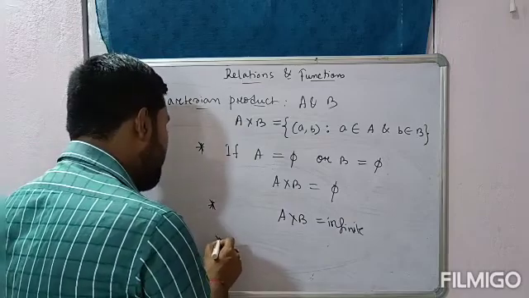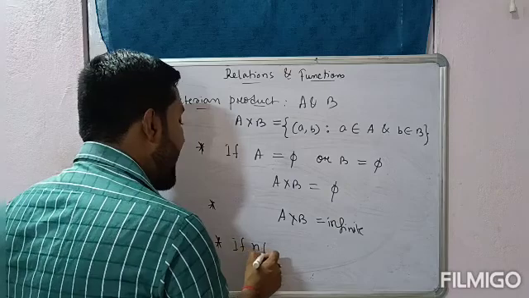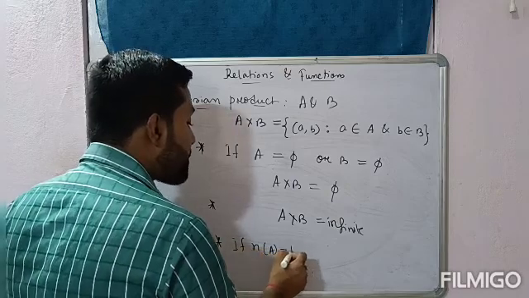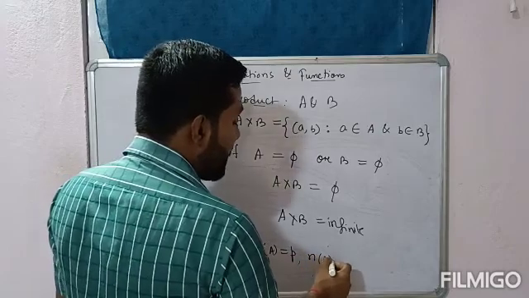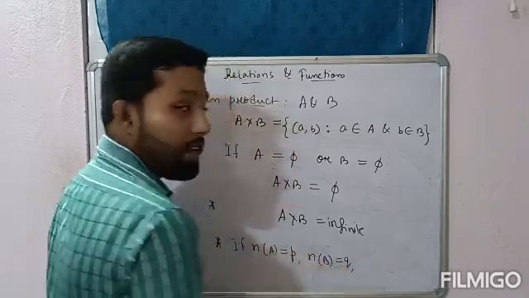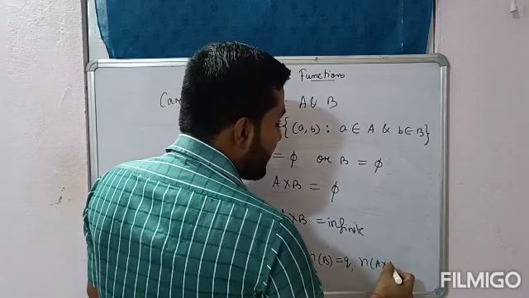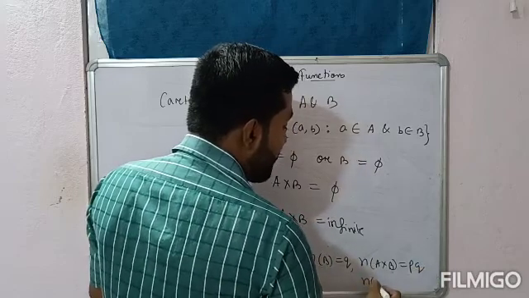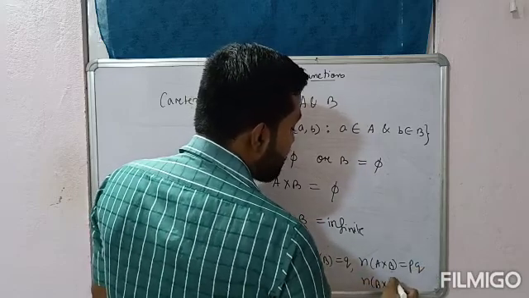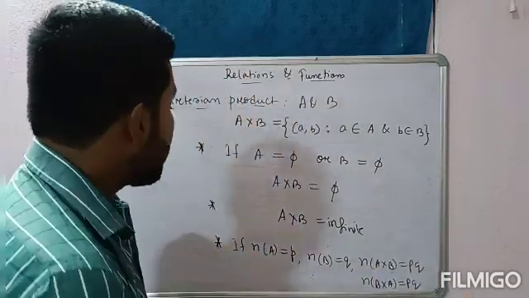Next point is, if n of A is equal to, suppose, small letter P, and n of B is equal to, suppose, small letter Q, then n of A cross B is equal to P into Q. Even n of B cross A is also equal to P into Q only. Okay, this is the third case.